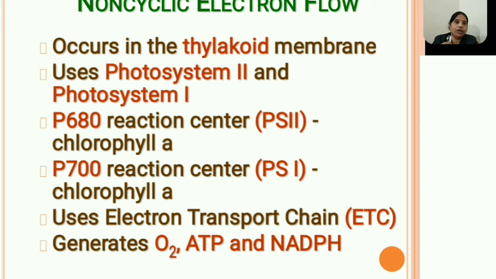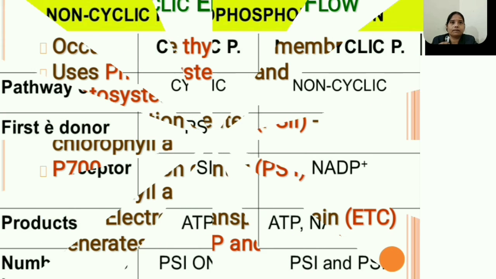The end products of non-cyclic electron flow are oxygen, released because photolysis of water takes place, and ATP and NADPH.